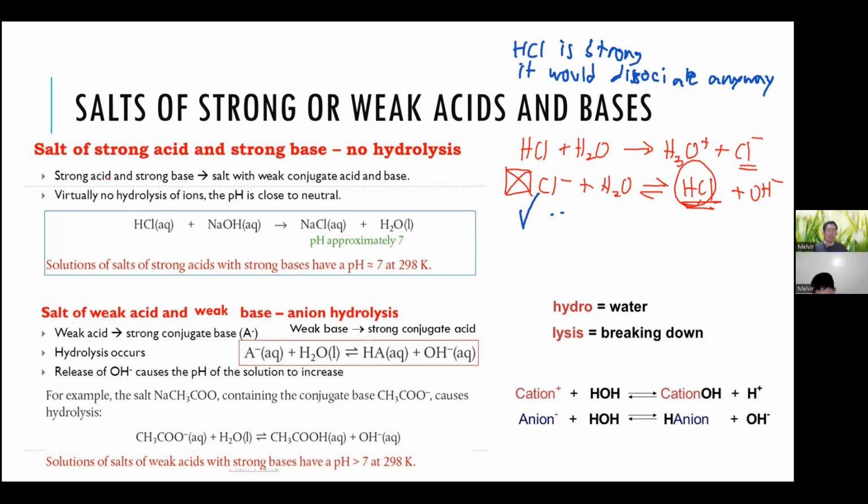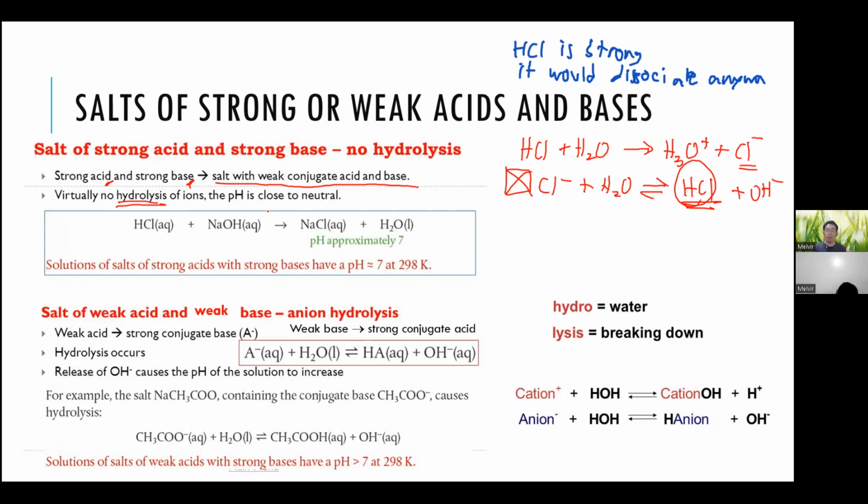So again, strong acids and strong bases, their salts with weak conjugate acids and bases, they will not form back the strong acids and strong bases anymore. So therefore, hindi kayang mag-react. So this is the clue, Josh. Yung mga conjugate acids and conjugate bases coming from your strong acids and strong bases, they cannot react with water or cannot make water to undergo hydrolysis, no?